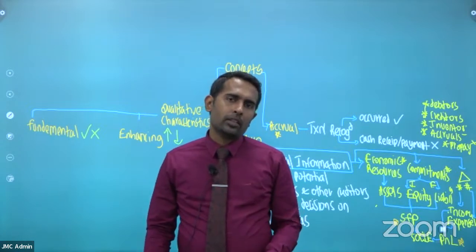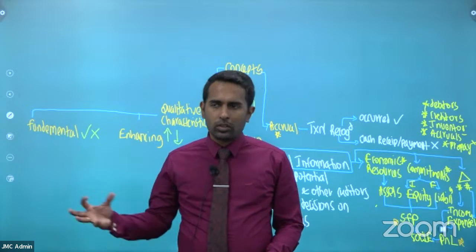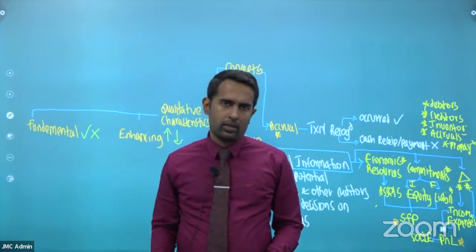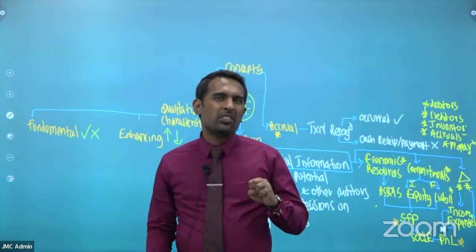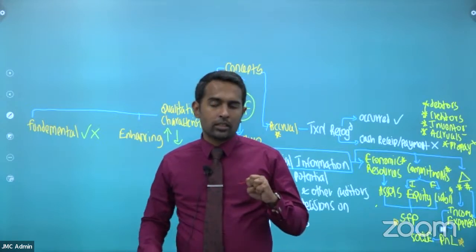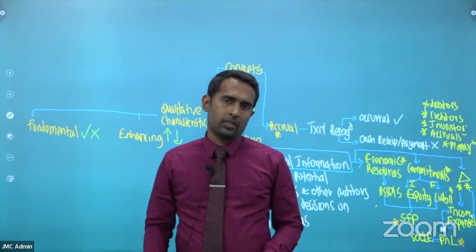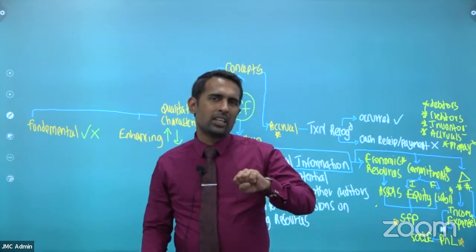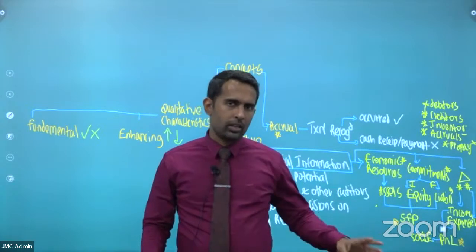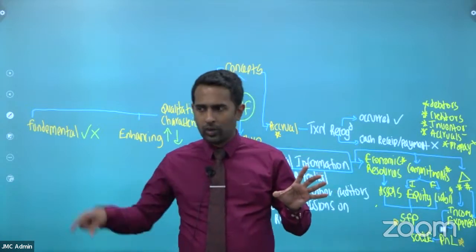Enhancing qualitative characteristics are not stronger like fundamental. In the presence of enhancing qualitative characteristics, the quality will definitely increase. If those enhancing QC are not there, it does not mean it's not quality, because fundamental is there.